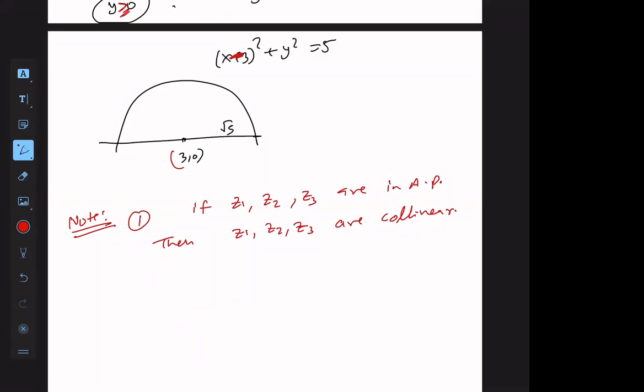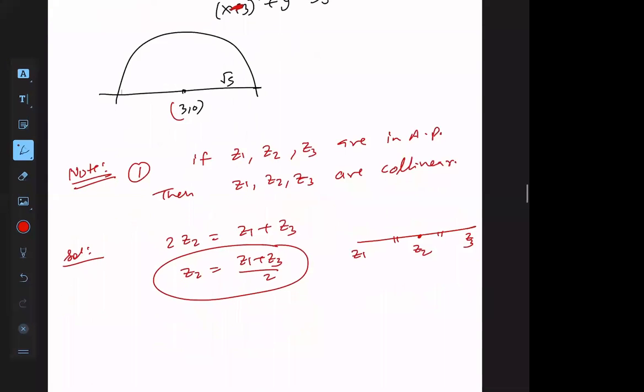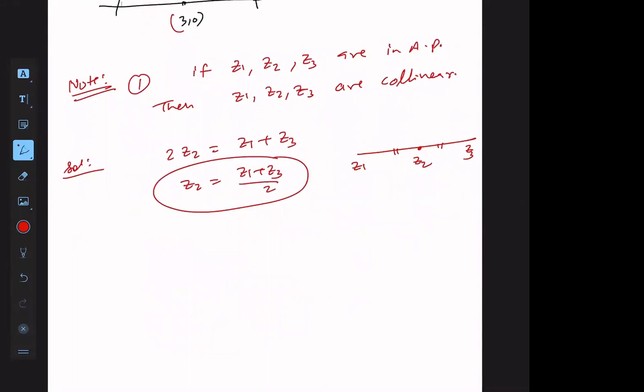Basically, if Z1, Z2, Z3 are in AP, then what is the relation? That is Z2 is equal to Z1 plus Z3 by 2. So if this is Z1, this is Z3, so what is Z2? Z2 is simply the midpoint. So basically all these 3 points will be collinear or lie in a line.